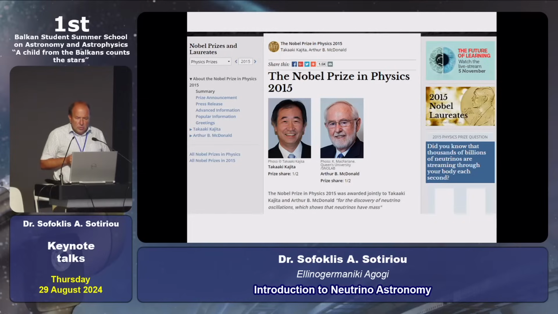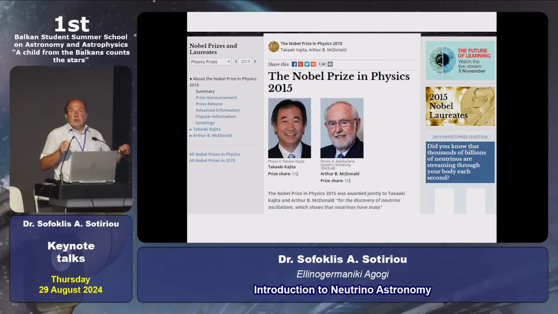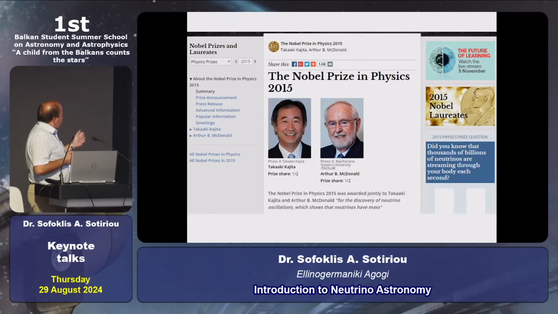And in 2015, the Nobel Prize was awarded to these two scientists who coordinated two very big experiments underground, looking for neutrinos, and more specifically, looking for the oscillations of neutrinos. This is something very strange. What can be an oscillation of a particle? What is an oscillation of a particle? But this is exactly what we are going to discuss.